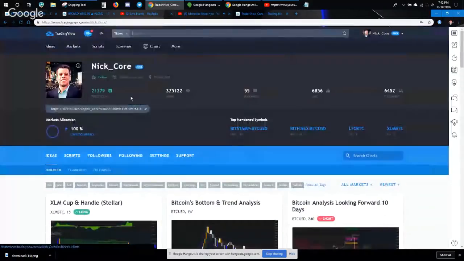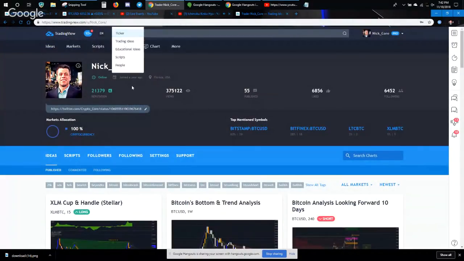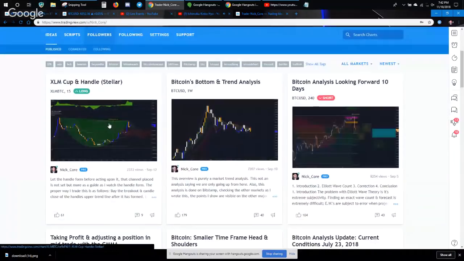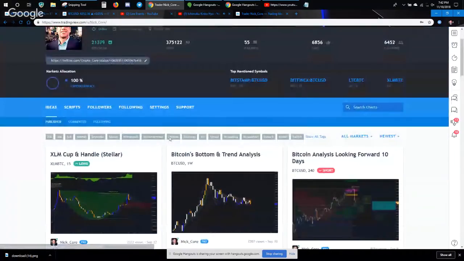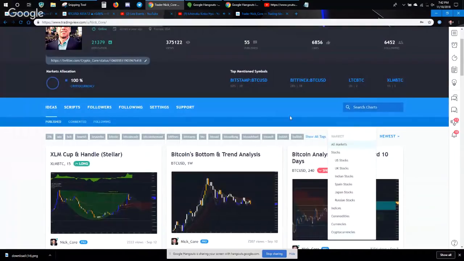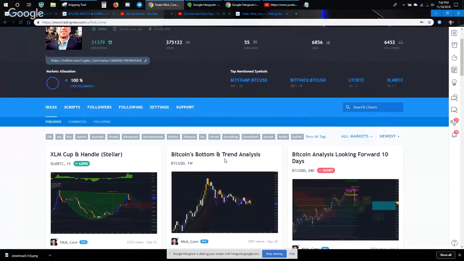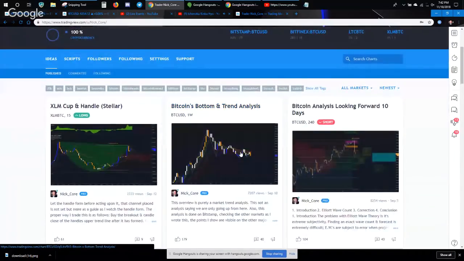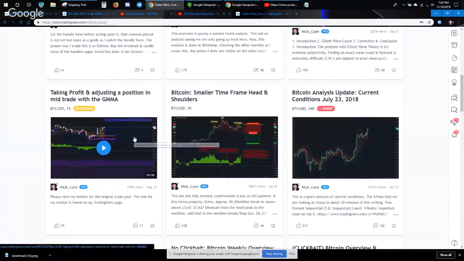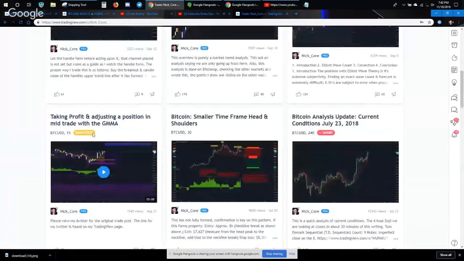If you go to my TradingView, tradingview.com/u/Nick_Core, or just go up to the search bar, click people, and type in Nick Core or Nick_Core, either one works. It'll bring in all of these. It does not have a way to filter through for educational pieces. I wish TradingView would fix that. They told me they were going to, but you have to scroll through and find the ones that say education.